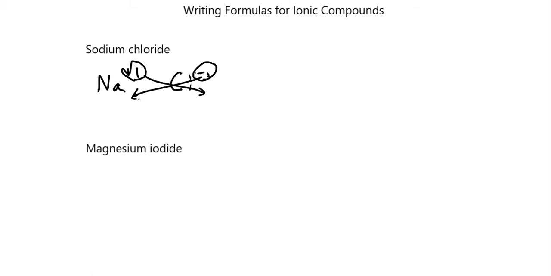So the charge on the anion without the minus sign and the charge on the cation without the plus sign will become the subscript. So in this case it would be Na1 Cl1, which we would not show the ones, to get the accepted formula of NaCl.